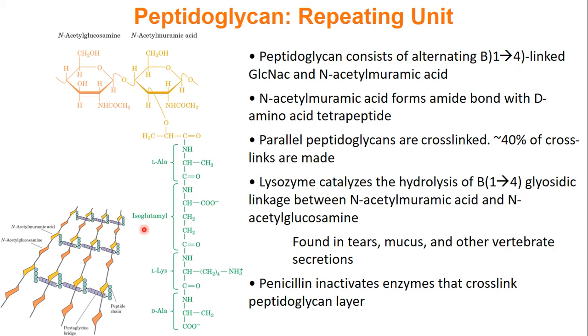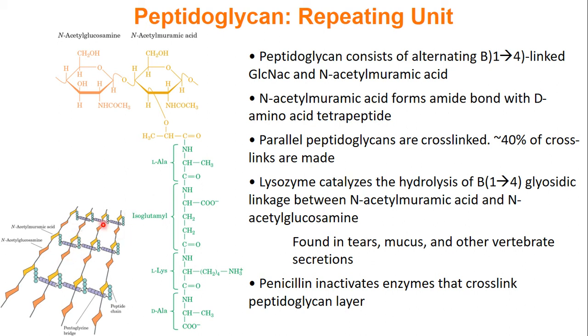Then we have isoglutamyl, which is glutamic acid in a bond with L-lysine here. So the glutamic acid side chain is actually part of the peptide bond. And then we have D-alanine, one of our only D amino acids in nature. And so what happens is that these sugars are forming bonds with this peptide, which helps to cross-link the sugar molecules.